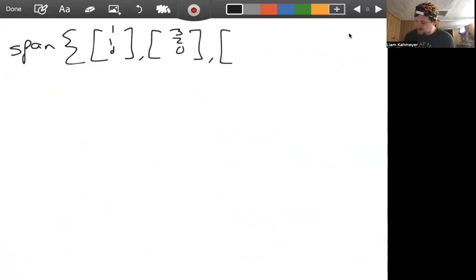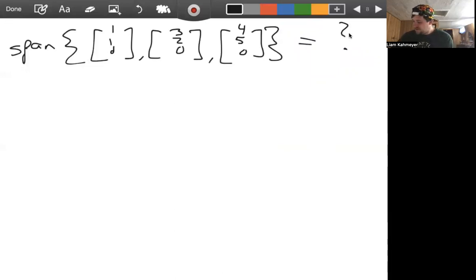And then let's add another vector here, the vector 4, 5, 0. And we may ask, okay, well, now what's the span of this set of vectors, right?